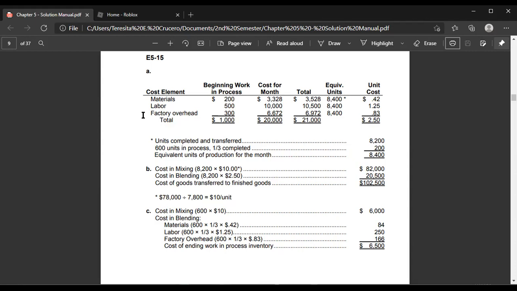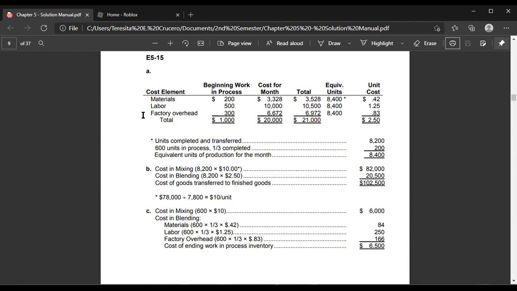So we get the cost by dividing 78,000 by 7,800 units.